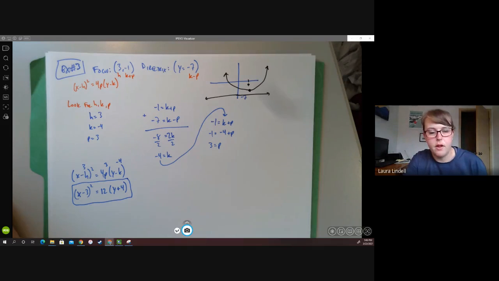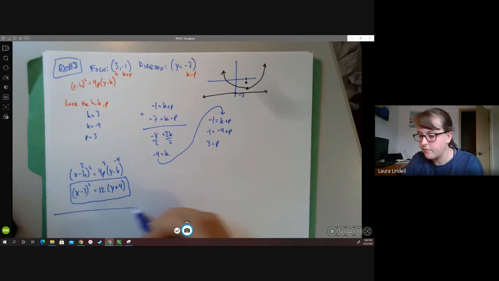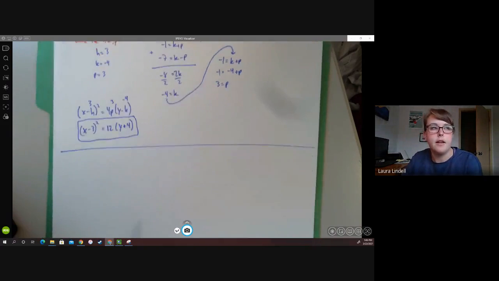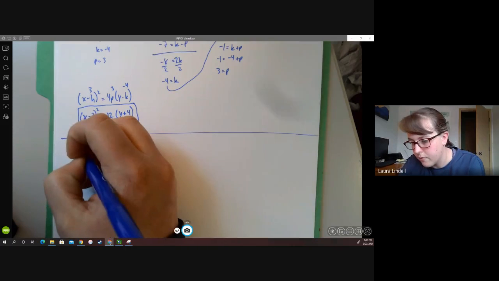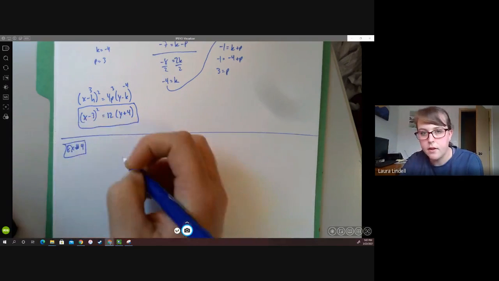Okay. Then the last kind of problem that we are going to look at together today is where you're given the equation and you get to find the vertex, the focus, the directrix, the axis of symmetry, all that kind of stuff, pulling it from the equation. In P form, though, this time. So, example 4.